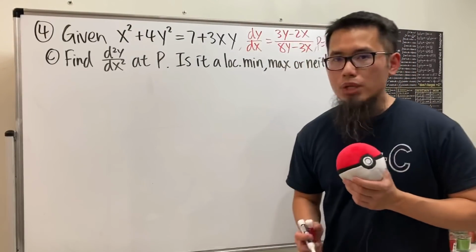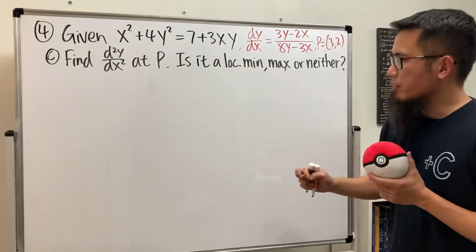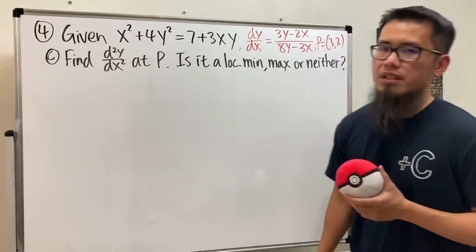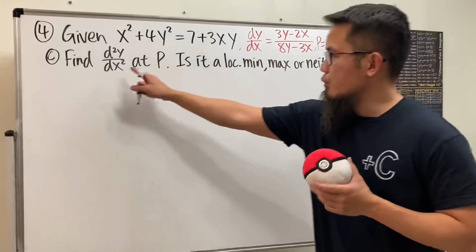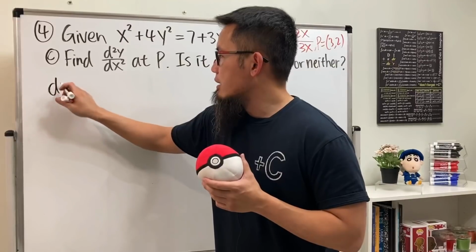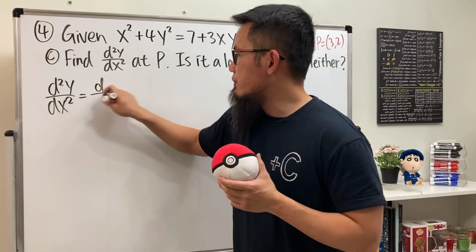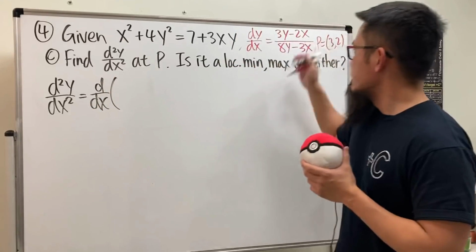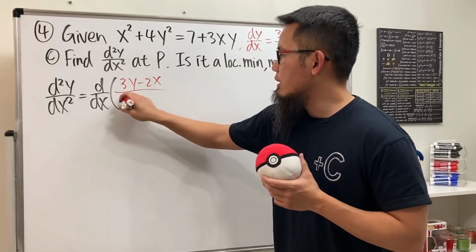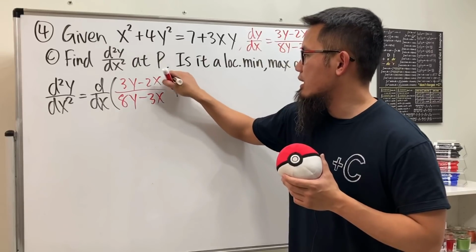Okay, so for part C, we are going to find the value for d2y/dx2 at the point P, and we also have to see if it's a local minimum or maximum or neither, and justify the answer, right? So to do this, of course, we have to differentiate that. So let me put that down. d2y/dx2, it's the same as differentiating this, which is (3y minus 2x) over (8y minus 3x).